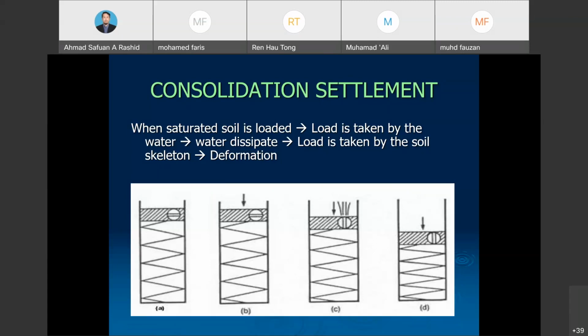However, when we increase the load, the consolidation settlement will continue, and then again it will stop after a certain period of time. So that is the process of consolidation settlement, or we can say primary consolidation.